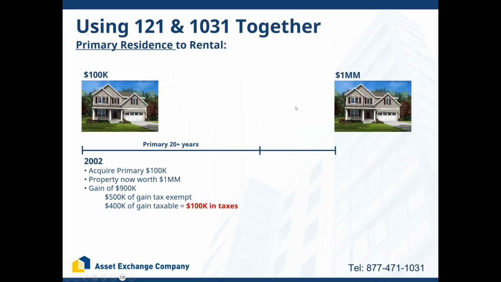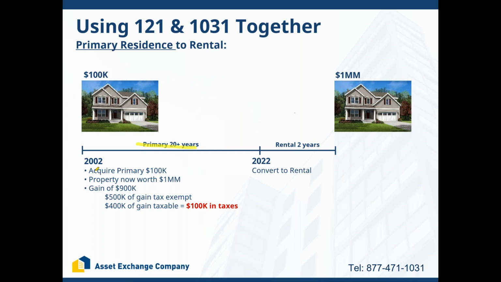But I do want to talk about one of the things that I think is the greatest thing in the 1031 exchange kind of world, and that is taking a very appreciated primary residence and converting it into a 1031 exchange property. Now, why would I do that?